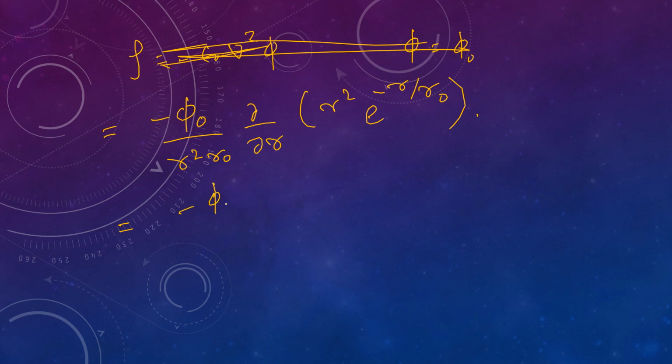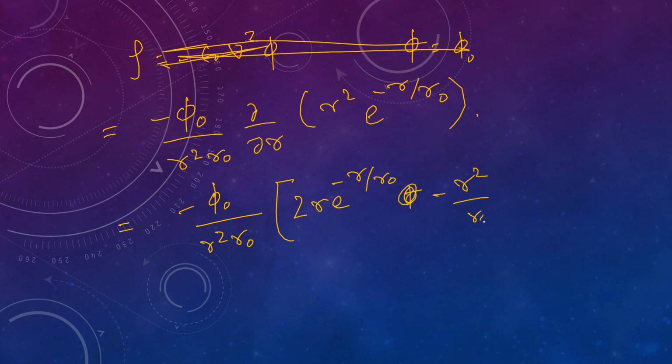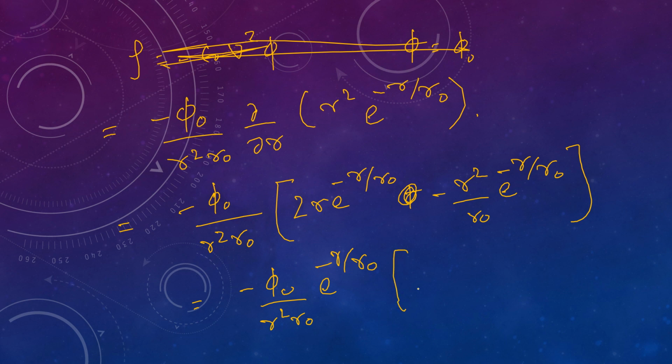So minus phi naught by r square r naught, times 2r e to the power minus r by r naught minus r square by r naught e to the power minus r by r naught. So minus phi naught by r square r naught e to the power minus r by r naught times 2r minus r square by r naught.